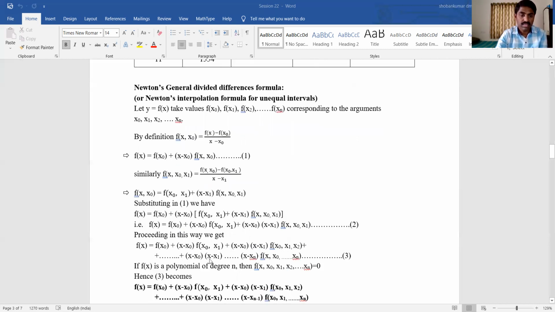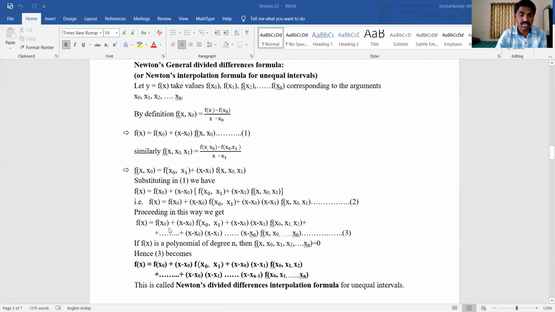Proceeding in this way, we get f of x is equal to f of x0 plus x minus x0 into f of x0 x1 plus x minus x0 x minus x1 into f of x0 x1 x2 plus x minus x0 x minus x1 x minus x2 into f of x0 x1 x2 x3, and so on.